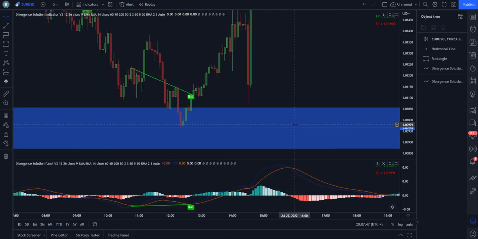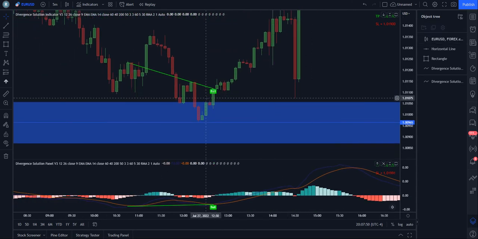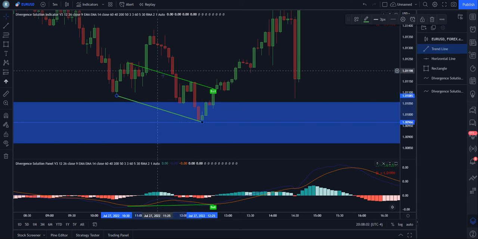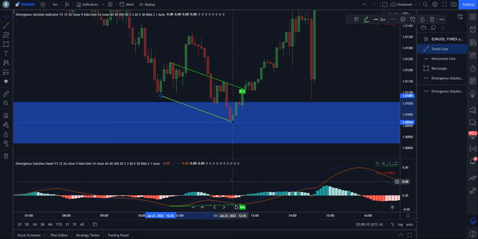And so we see that with this down move. And there's other ways to plot it as well. But for instance, if you just took the lows, basically the same move, this low, and then this low goes even lower. But what does the indicator tell us?